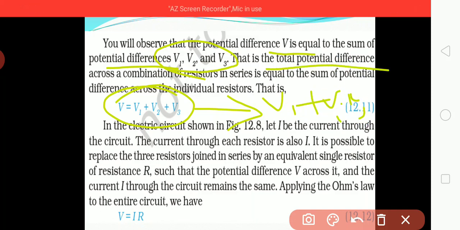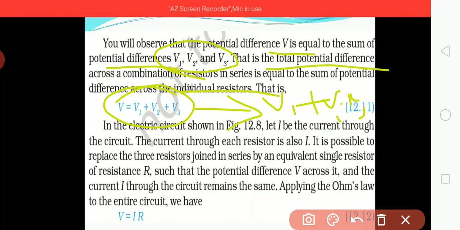So the total potential difference will be the sum of the three potential differences across the individual resistors. We get the total potential difference by the sum of the three different potential differences.